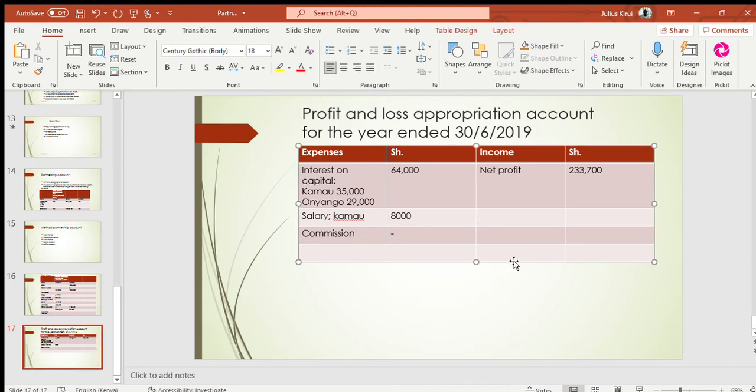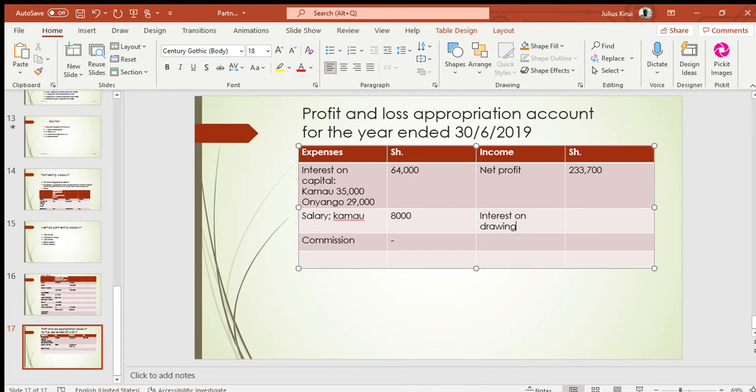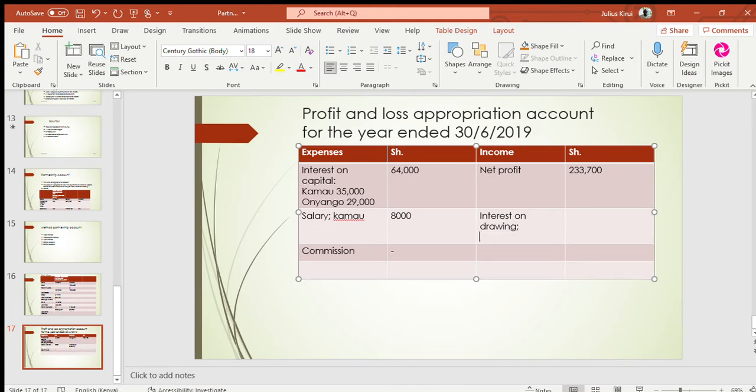Then we come to the interest on drawings. So what is our interest on drawings? Number one is Kamau. How much is the interest of Kamau? 1,800.